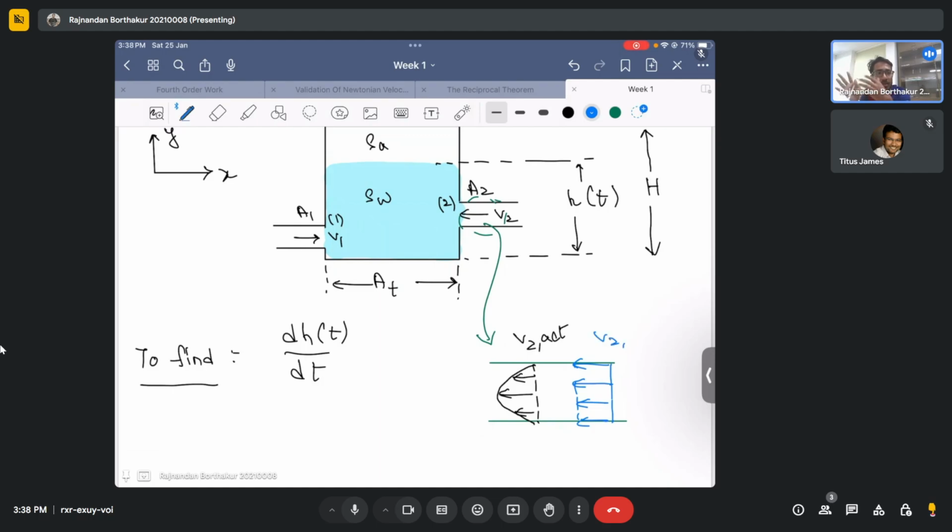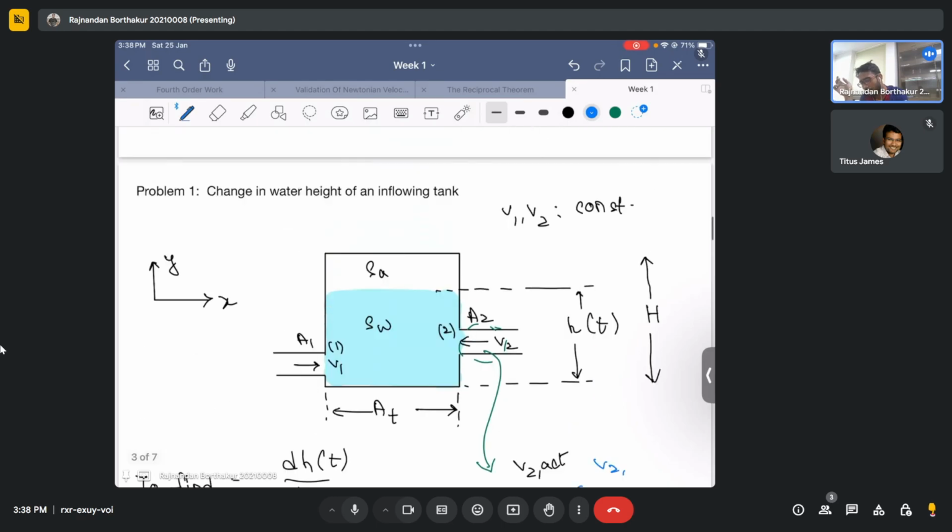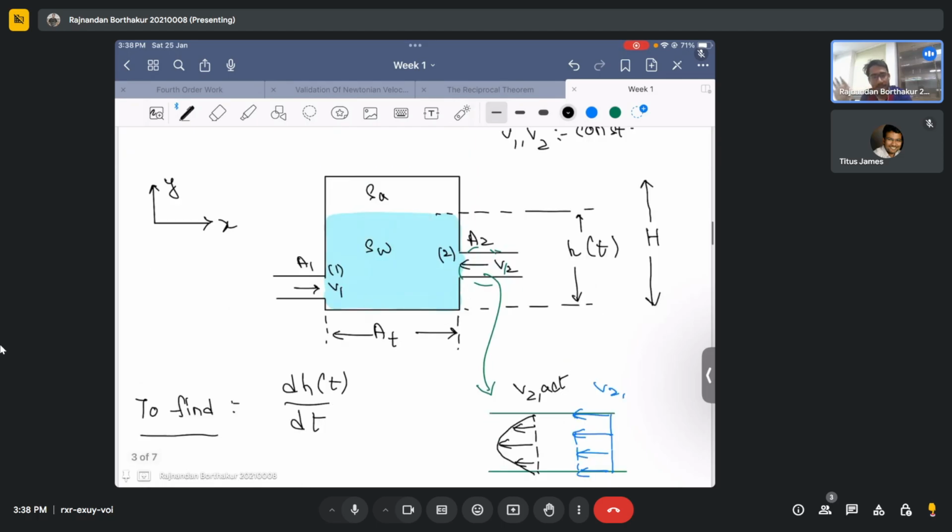This is a means of simplifying your analysis of the Reynolds transport theorem. This is the meaning when I say that v1 and v2 are essentially constant. Given this, we just need to evaluate the rate at which the water level in the tank is rising.